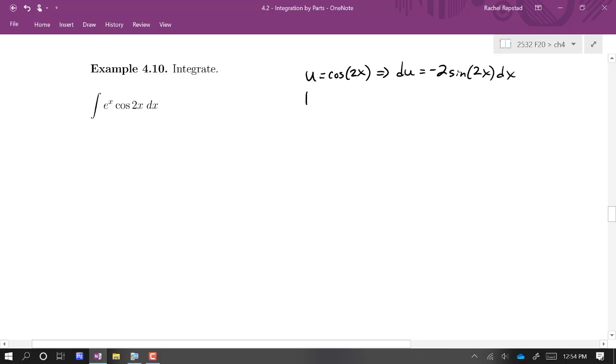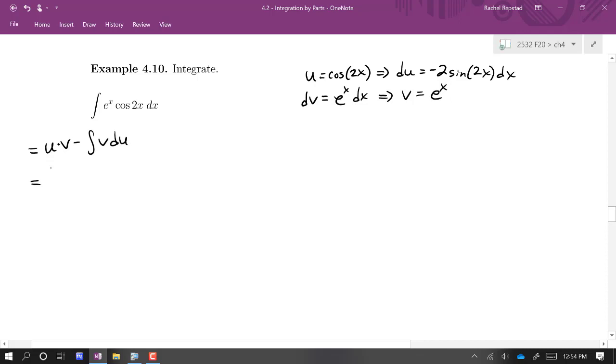Our dv function then is e to the x dx, and with that selection, everything in the integral is accounted for, is equal to u times dv. And so v is the integral of this, or the simplest antiderivative, and that is e to the x. Alright. Let's put this together. Our integration by parts is u times v minus integral v du.